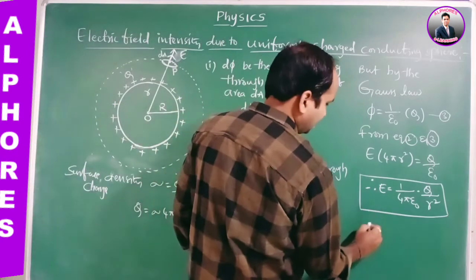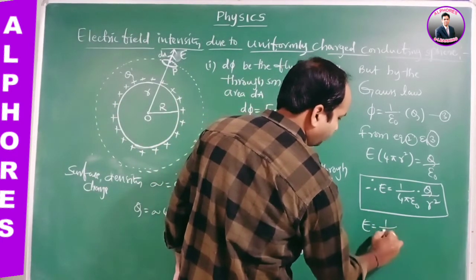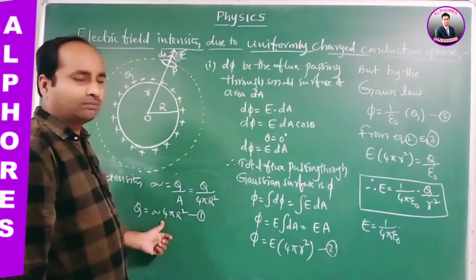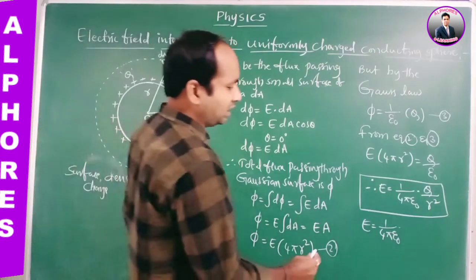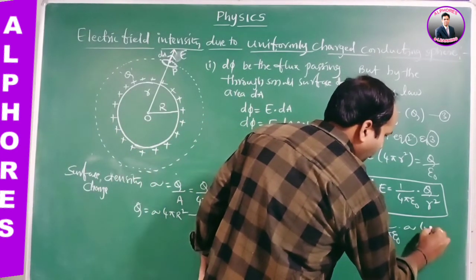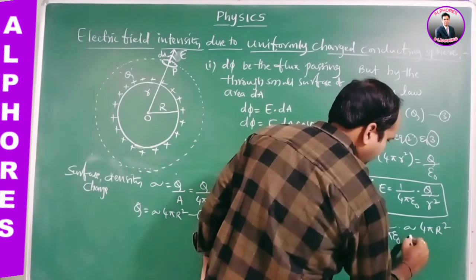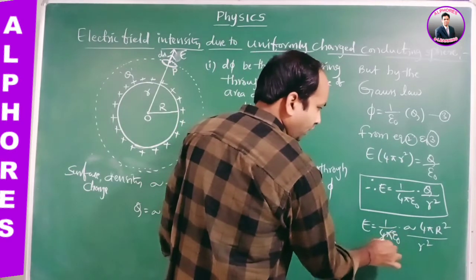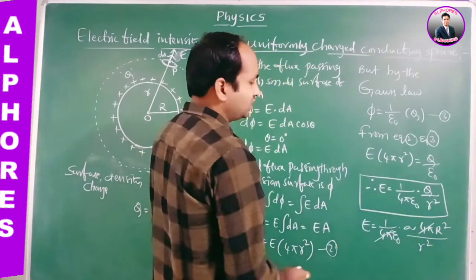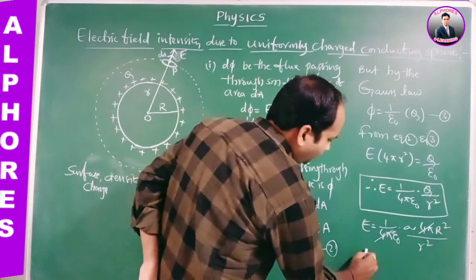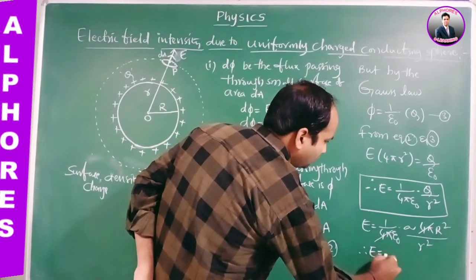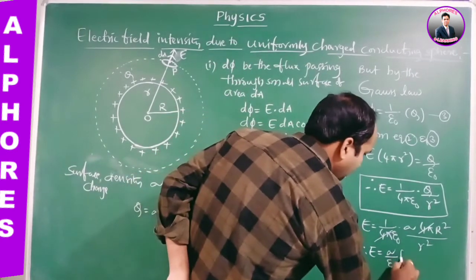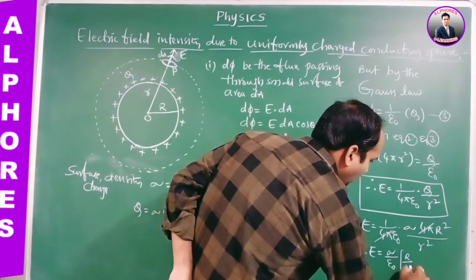So here we may write E is equal to 1 by 4 pi epsilon naught, and instead of capital Q from equation number 1, sigma into 4 pi capital R square, by small r square. Now 4 pi cancels. What is the value remaining? E is equal to sigma by epsilon naught, capital R by small r whole square.